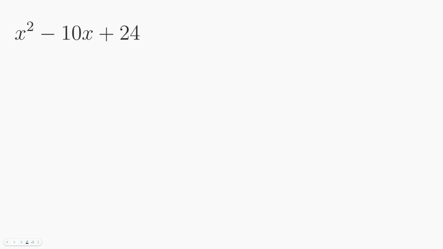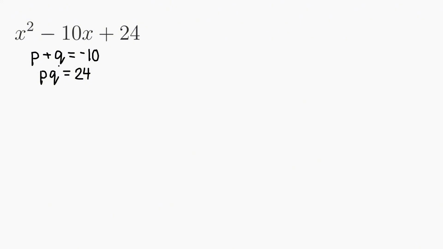Here we have x squared minus 10x plus 24. So we know that p plus q is going to be negative 10, and p times q is going to be 24. Now, this 24 is positive, so we know that p and q are either both positive or both negative. But let's take a look at p plus q.